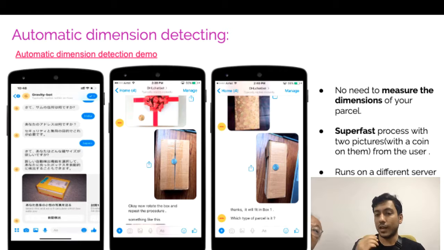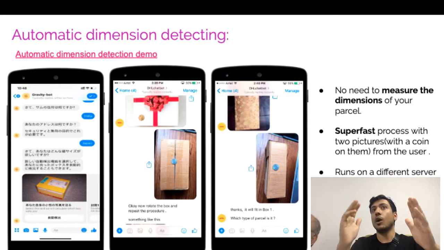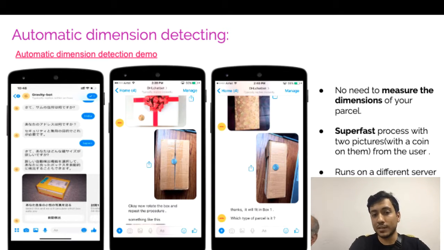There is a library, OpenCV, which helps us to interact Python with the pictures, the photos. So this whole photo, in computer terms, will be converted into a big matrix. Let's consider this photo is of 1080 by 1080 pixels.